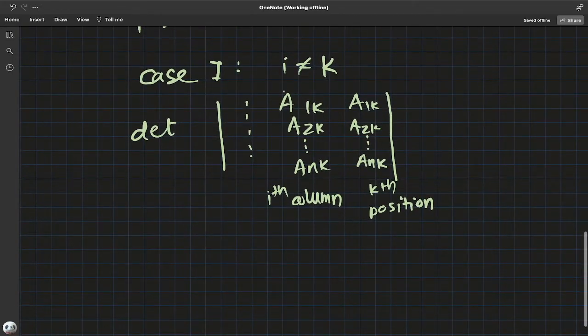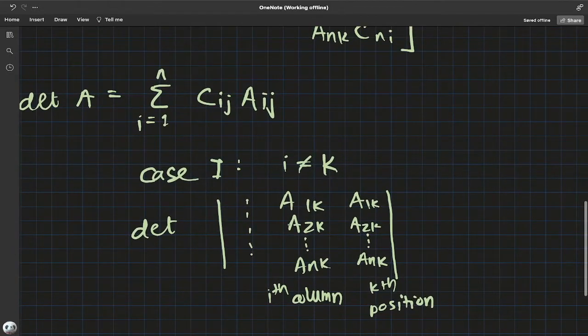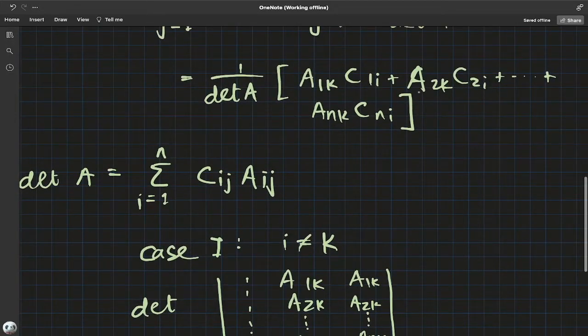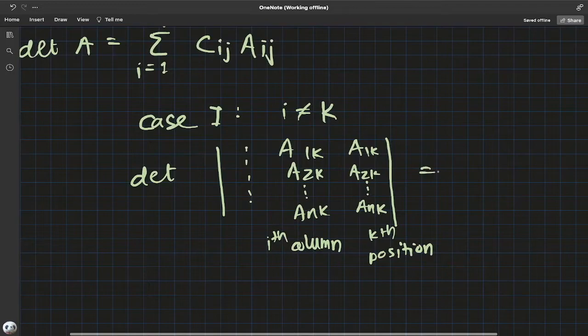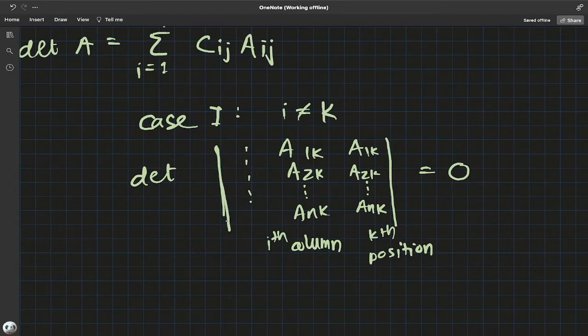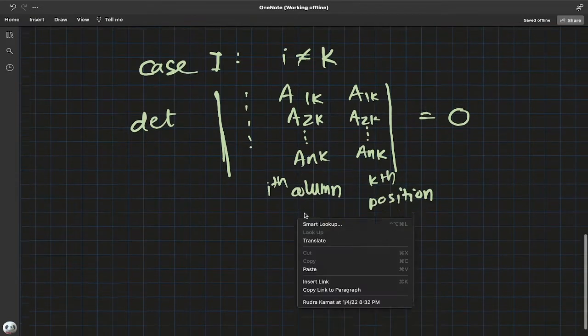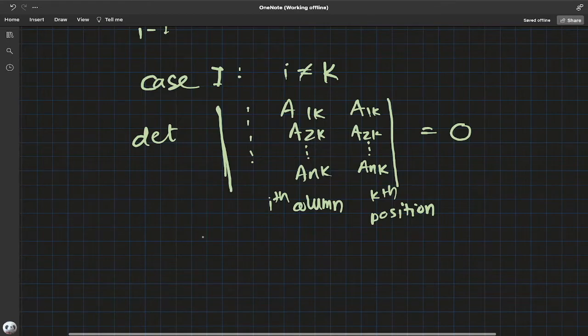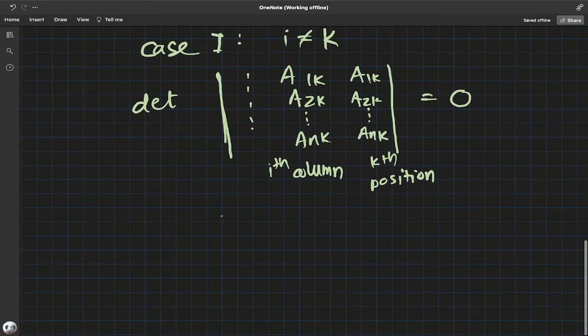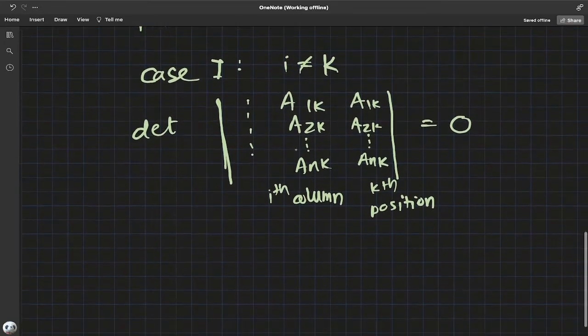And since the determinant of this is basically this expansion in the bracket here, notice this will go to 0 because the determinant of a matrix which has two columns which are identical is 0. This is one of the properties. You can use anti-symmetry to prove this from the main properties of the determinant. Okay, and this holds true for arbitrary i and k which are not the same.